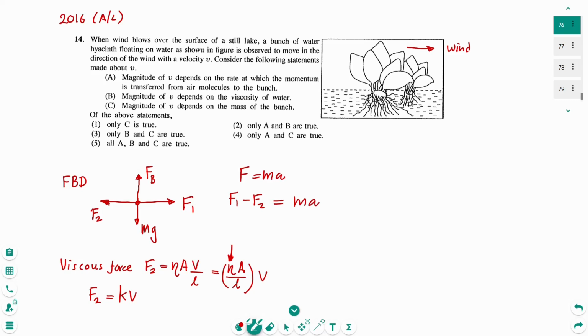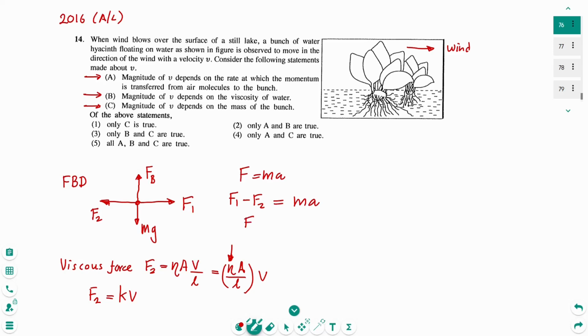What I'm trying to do is solve for the velocity, because the three statements over here are all asking about the speed, the magnitude of the velocity.